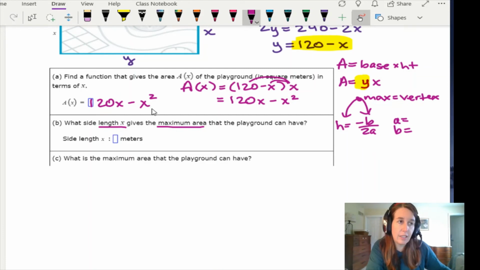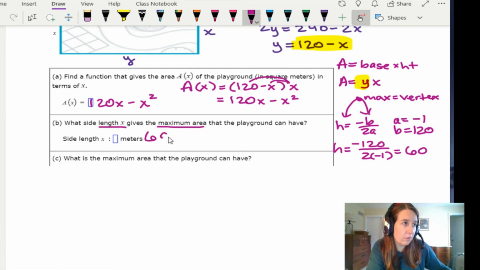The a is always next to the x squared, so in this case is negative 1. The b is always next to the x term, so that is positive 120. So the h coordinate of the vertex is negative 120 divided by 2 times negative 1. That will equal 60. There is our answer for part B. It is 60 meters.